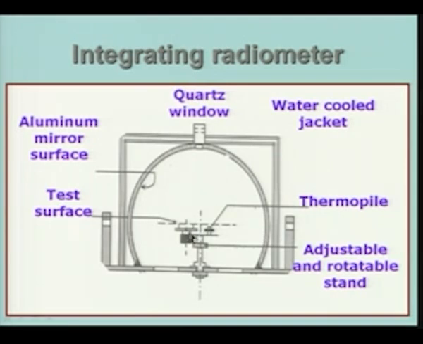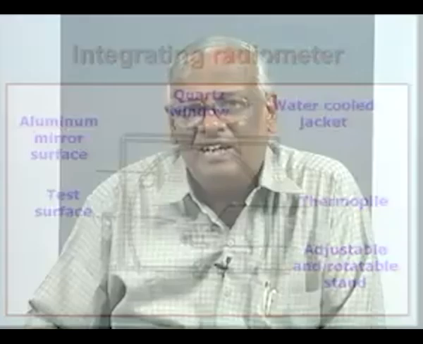Sometimes the black body is also arranged here, so that alternatively I can have the black body and the test surface being exposed, so that I will measure alternatively the radiation from the black body source and the radiation from the test surface, so that the ratio can be taken and then we can get the emissivity of the two.